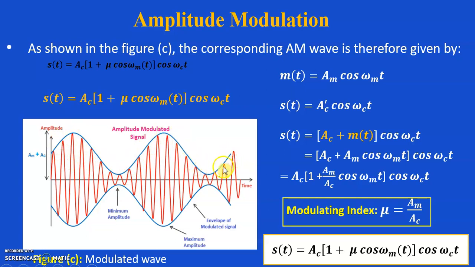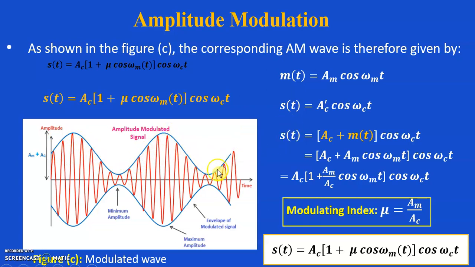So here we have the envelope of the message signal, and this signal can be derived using the following mathematical equation. So we have m(t) = Am cos(omega_m t), and s(t), as the definition states, the amplitude of the carrier is changed in accordance with the message signal, which has the information.